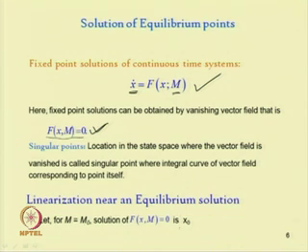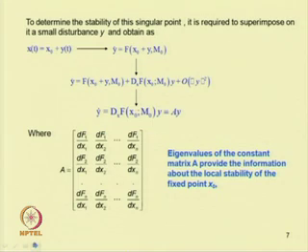Now, what will happen next to x 0? If we perturb this solution, we can write x(t), at a time t slightly away from x 0, as x(t) equal to x 0 plus y(t).